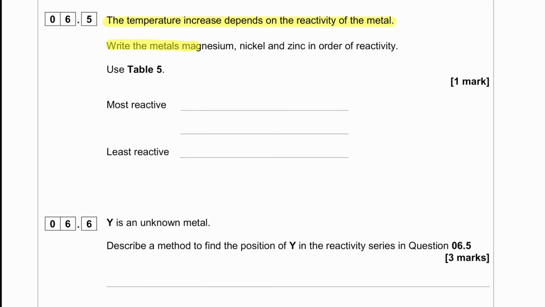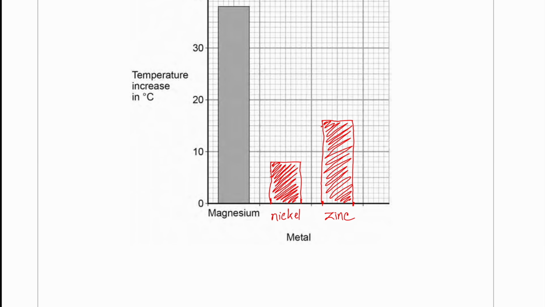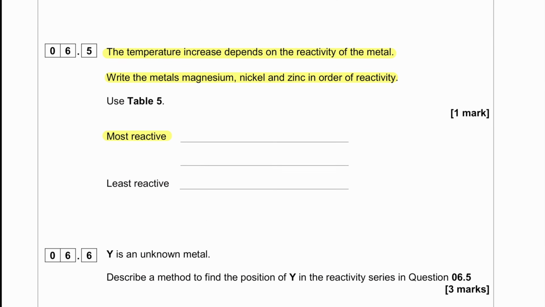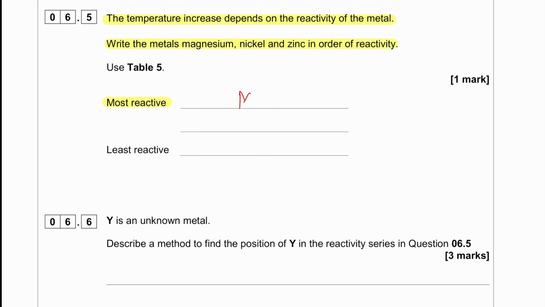Write the metals magnesium, nickel and zinc in order of reactivity, most reactive first. We can conclude from this experiment, the higher the temperature change, the most reactive it is. So first we are going to say magnesium, then zinc, and then nickel.